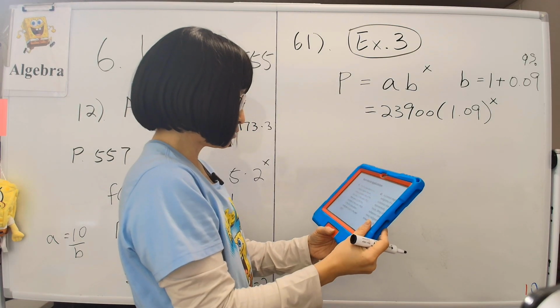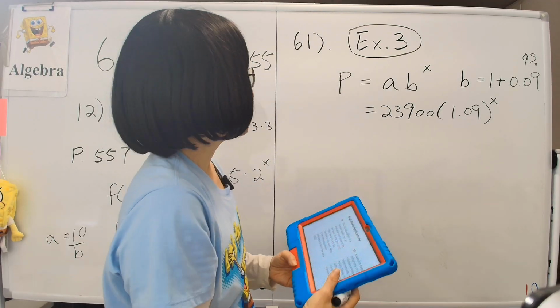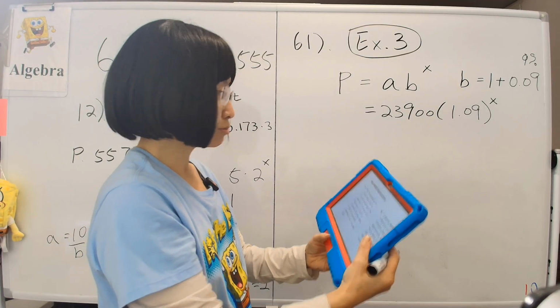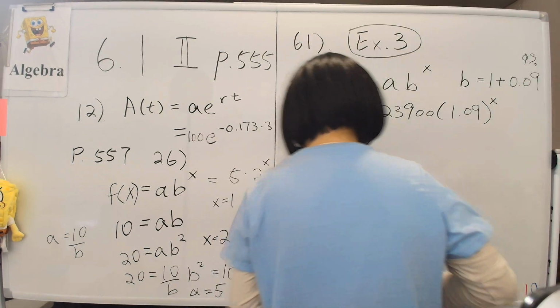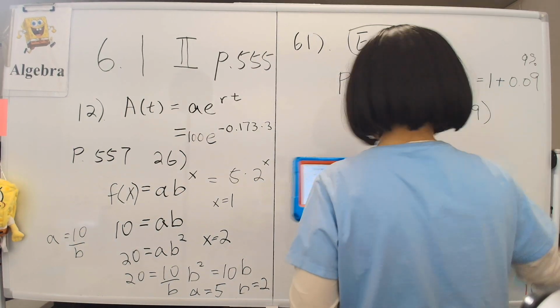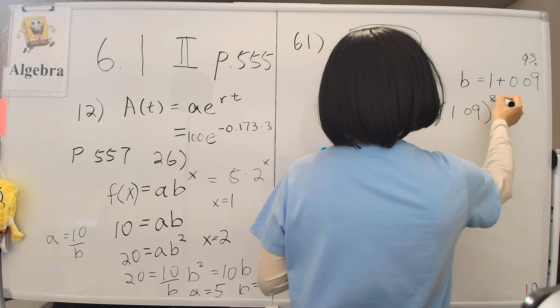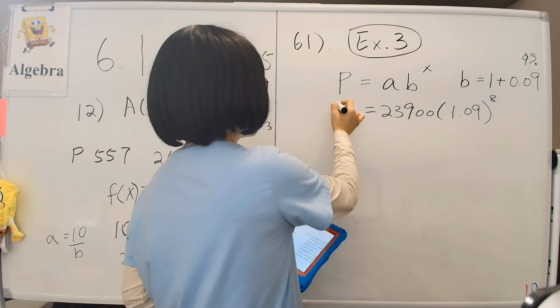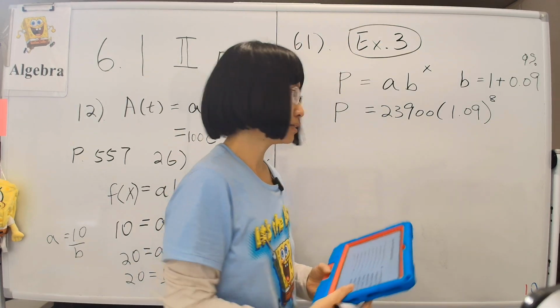What do we want? We need the fox population in the year 2020. Well, we started at 2012, so that means x equals 8. We're talking about 8 years later. So we'll change x to 8. All right, and that gives us the formula to calculate the population of the foxes in the year 2020.